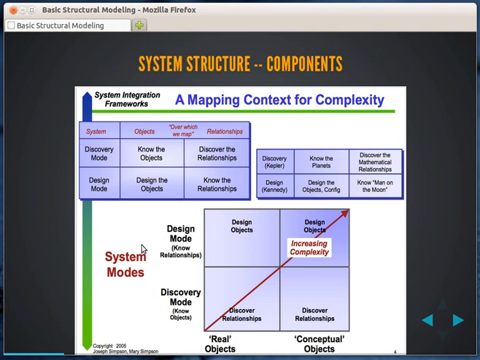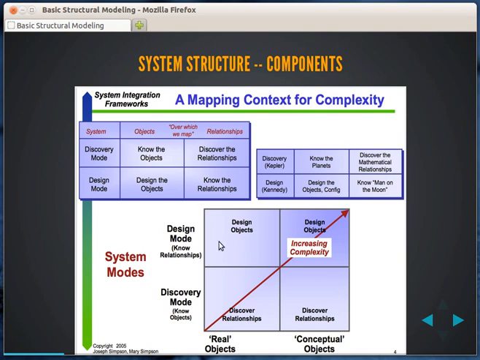The design mode is like John F. Kennedy saying, we're going to put a man on the moon by the end of the decade. We knew what the relationship was, and we had to design all the object systems, facilities, and so forth to achieve that relationship.